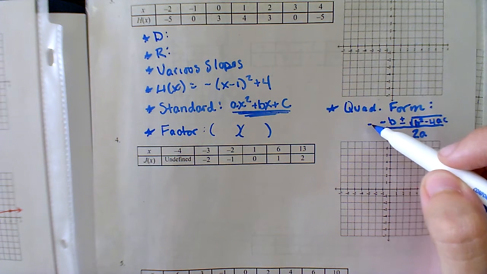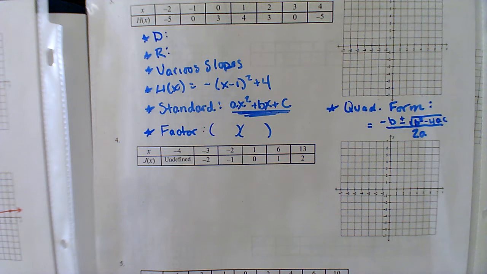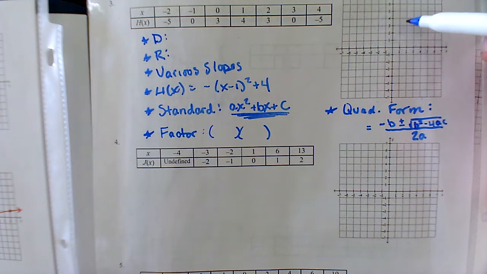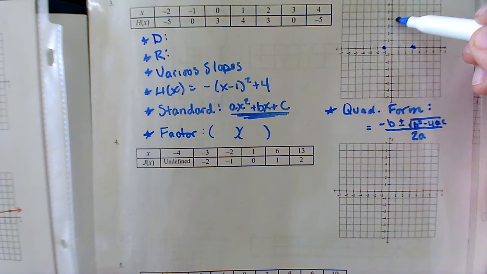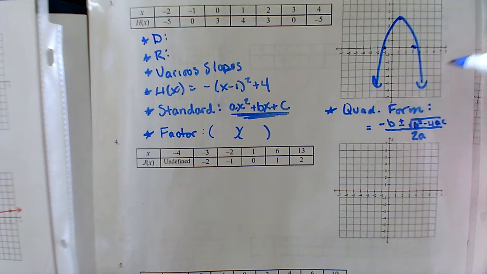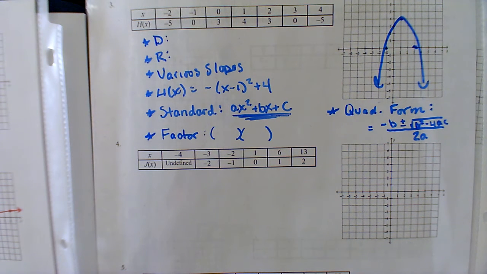Perfect. Now let's say you did all that. Remember, a, b, and c are numbers and you actually calculated all that out. What would your answer represent? I think our graph looked like this before, right? Do you know what the answers to the quadratic formula mean?